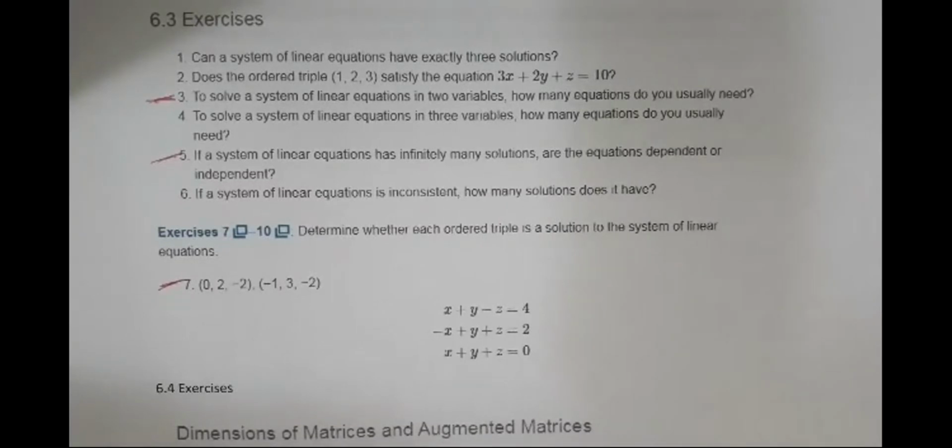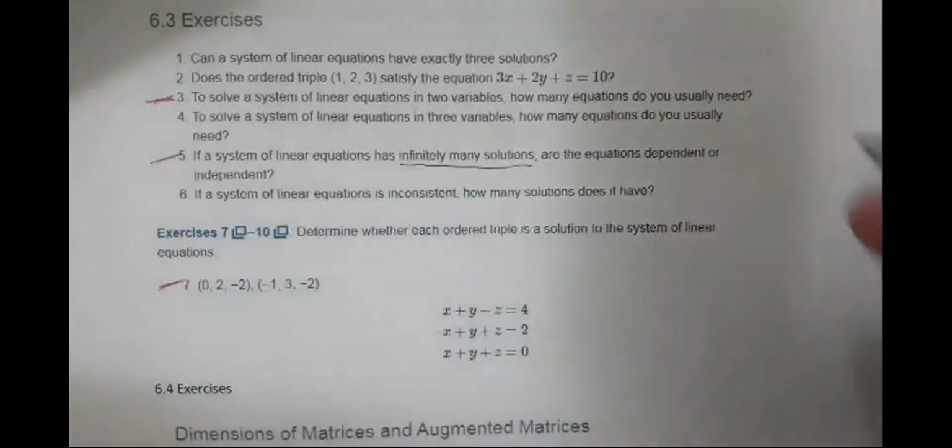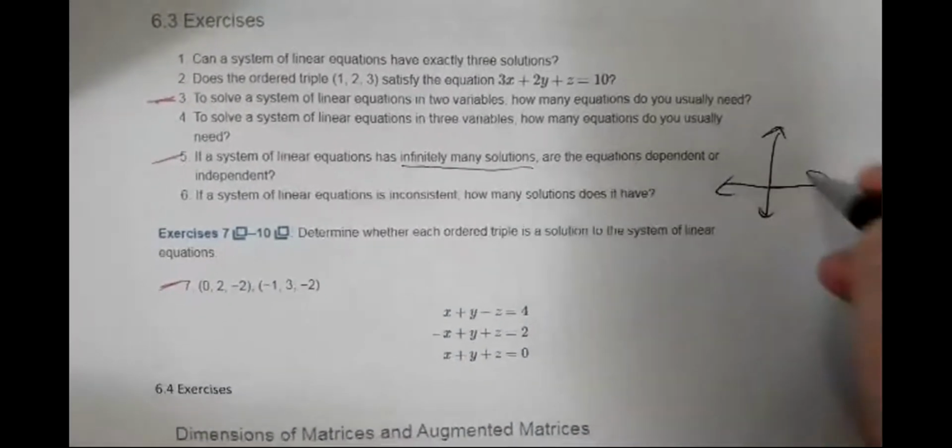If a system of linear equations has infinitely many solutions, are the equations dependent or independent? This is going back to that vocabulary. They're dependent, right? Yeah, if it's infinitely many, this goes back to whether we have 2 separate lines.